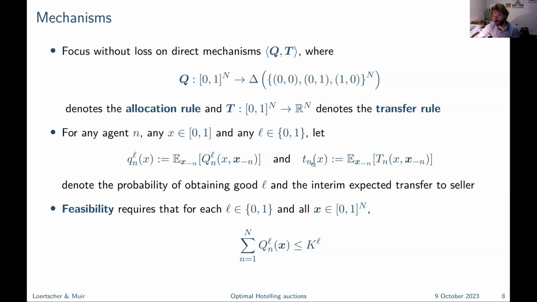And likewise, little t_n is going to be the interim expected transfer of that agent. Okay, and the feasibility constraint is that ex post, you never allocate more than you're endowed with as an auctioneer.